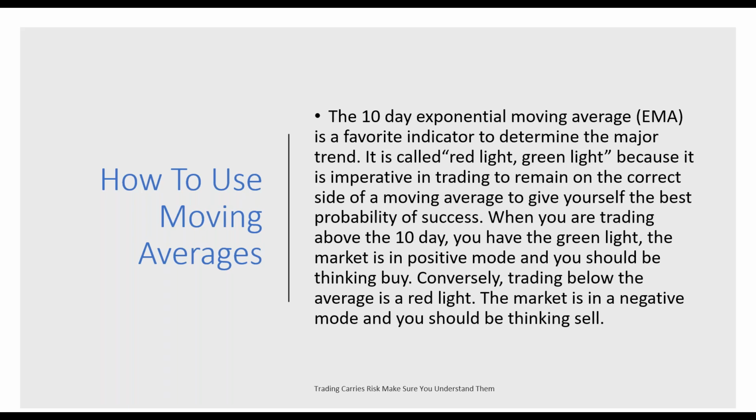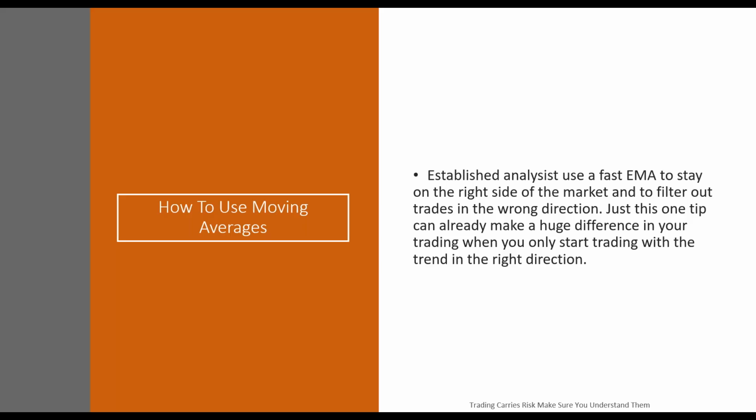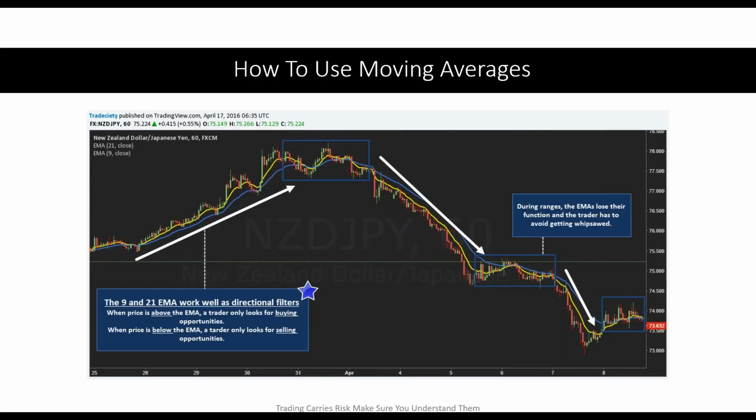It's called red light, green light, because it's imperative in trading to remain on the correct side of the moving average. Established analysts use a fast EMA to stay on the right side of the market and to filter out trades in the wrong direction. Just one tip can already make a huge difference in your trading when you only start trading with the trend in the right direction.